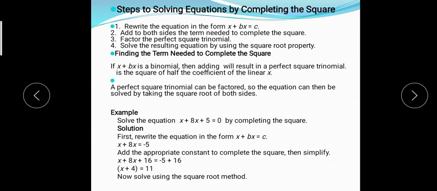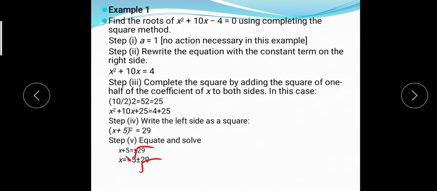One method: make the coefficient of x square 1. Shift the constant term to the right side. Okay, next, take b by 2 whole square and add it to both sides, and then by equating the square side, equate the equation and solve it.